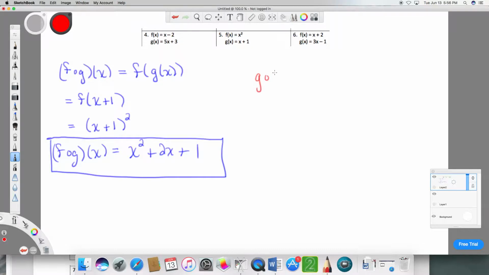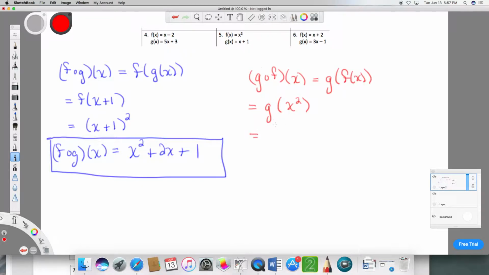If we find G composed with F, see, I'm doing the second one. G is, no, F is x squared. What does G always do to the input?